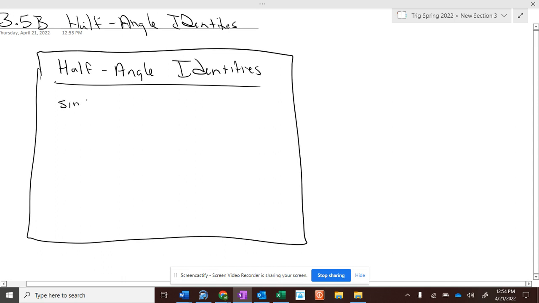The sine of 1/2 x equals positive or negative, that's supposed to be a negative, equals positive or negative the square root of 1 minus the cosine of x over 2.